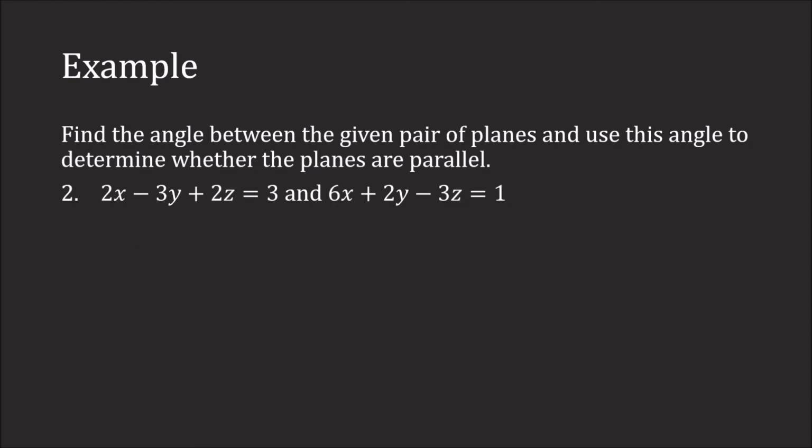So what about these two planes? Again, we need the normal vectors. The first normal vector would be 2, negative 3, 2. The second normal vector would be 6, 2, negative 3.